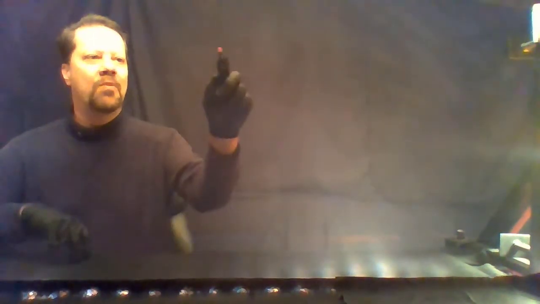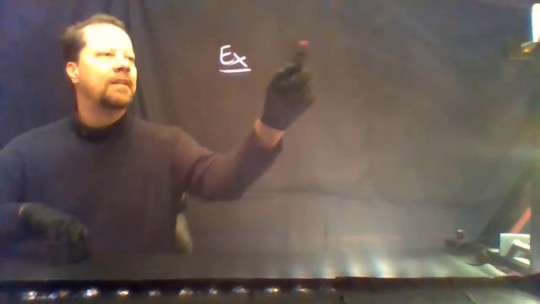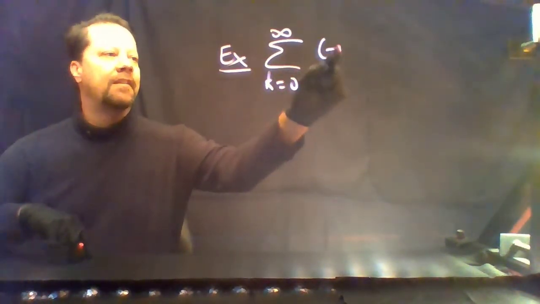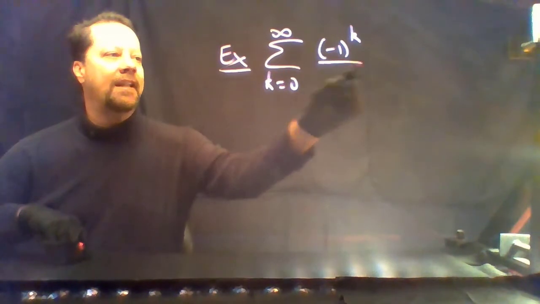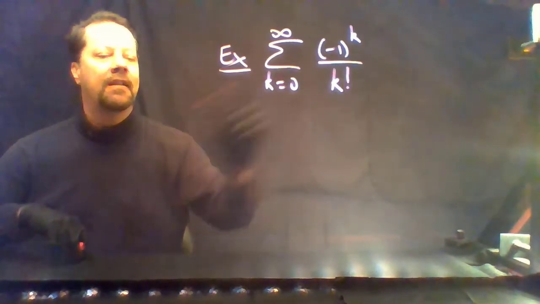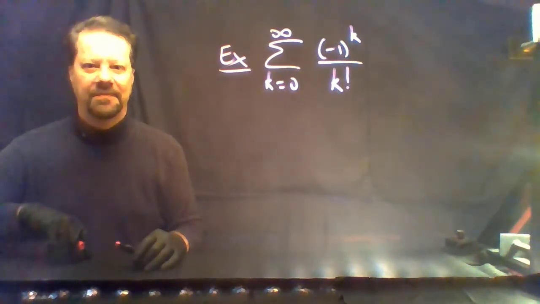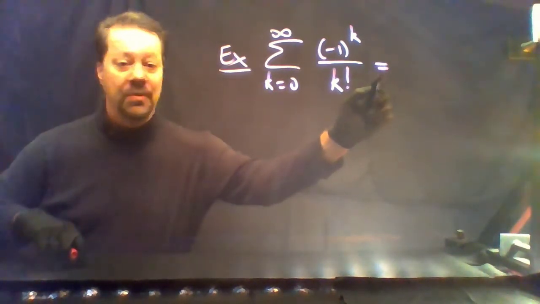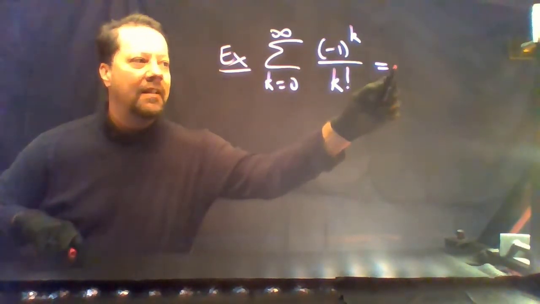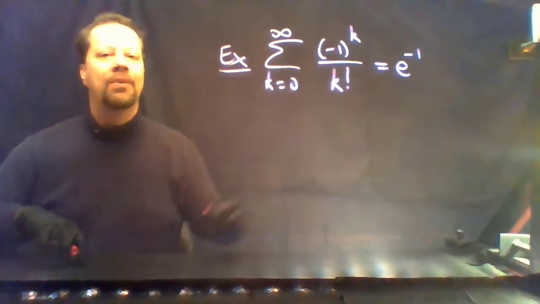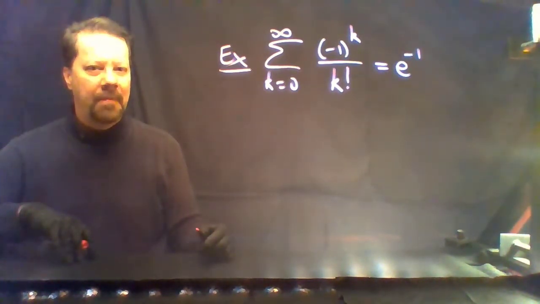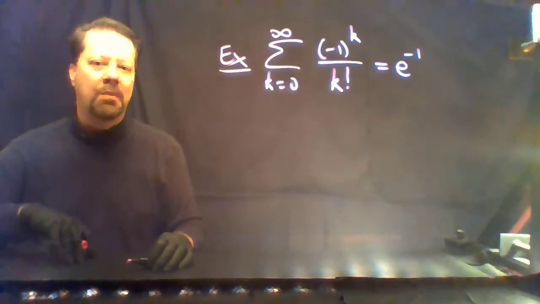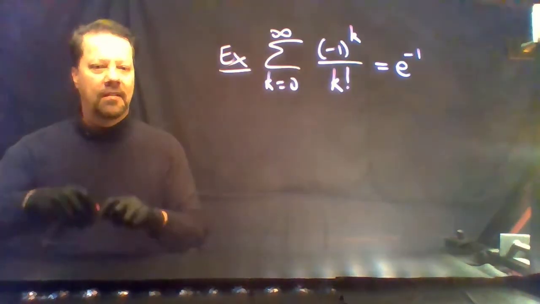And just one more example. Consider the sum as k goes from 0 to infinity of negative 1 to the k divided by k factorial. It turns out, as we will show eventually, this is equal to e to the negative 1. How many terms do you need in order to get 5 decimal place accuracy in this case?